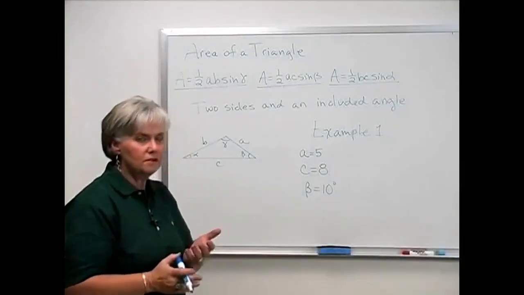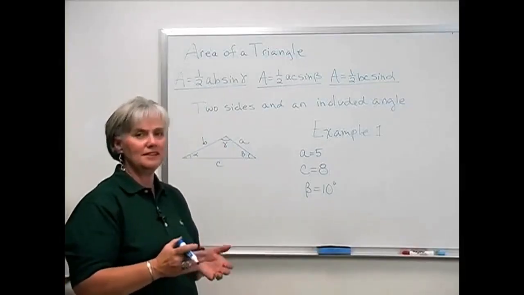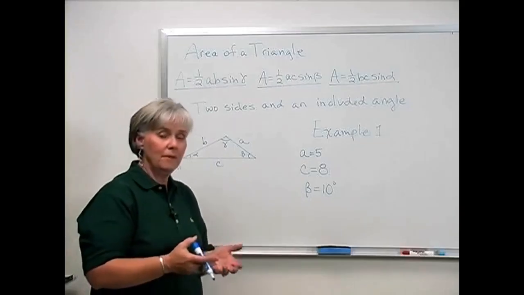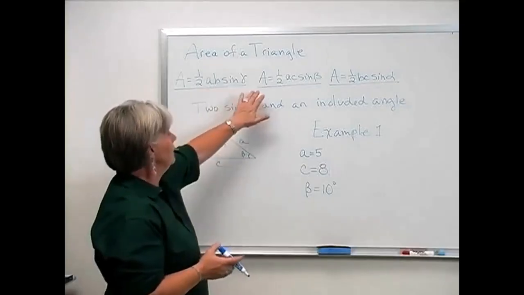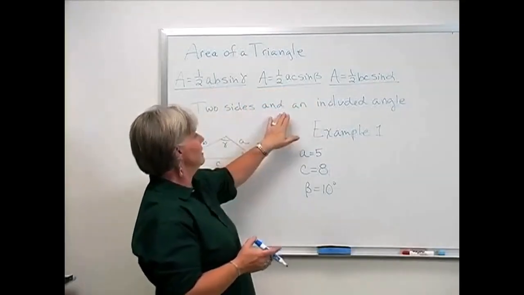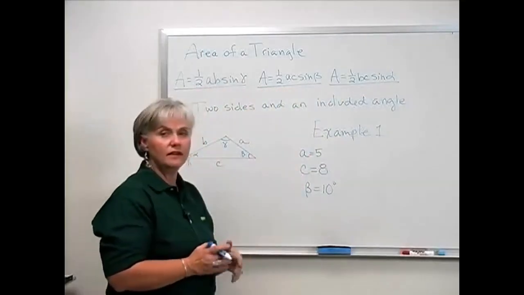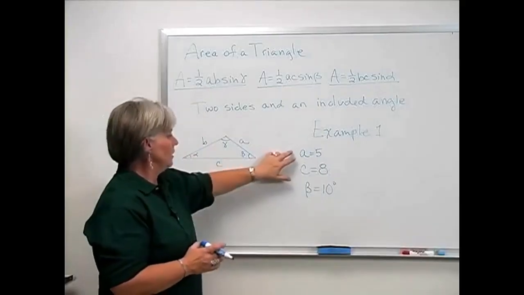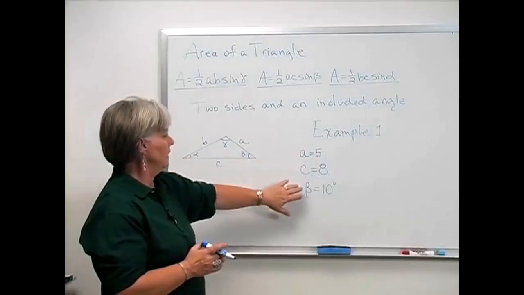Probably the most familiar formula for finding the area of a triangle is 1/2 the base times the height. But you may not know the base and the height of a triangle. But in trig, we have some other formulas, and one that we can use is if you know two sides and an included angle. So let's look at an example. Suppose we have a is 5, c is 8, and beta is 10 degrees.